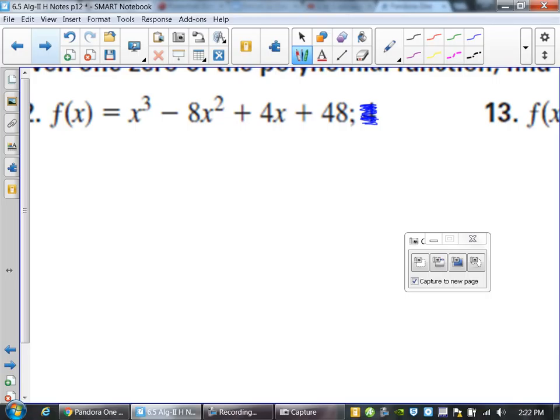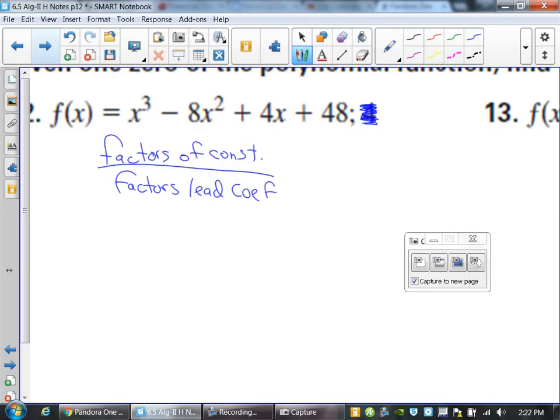What are all the factors of the constant over the factors of the leading coefficient? Then it's plus minus, because you can have 1 and 48, -1, -48, and so on.